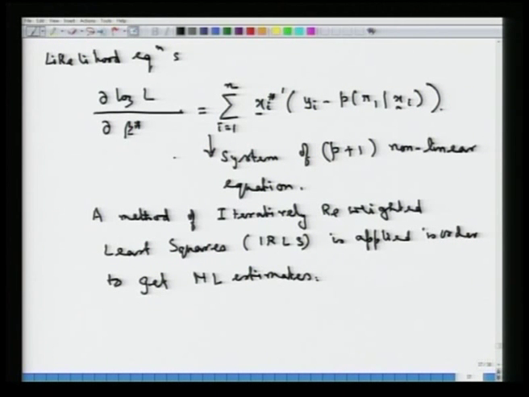So, technically, using this system of p plus 1 nonlinear equations and using IRLS, one gets to the maximum likelihood estimates of the p plus 1 unknown quantities. Once you have these estimated, one can look at implementation of this entire logistic discriminant function.